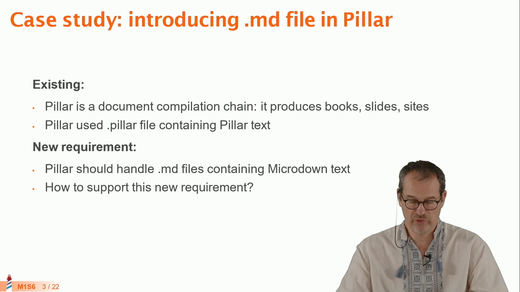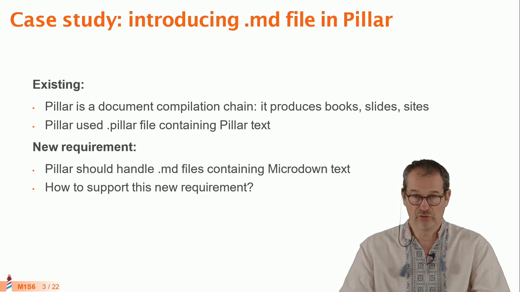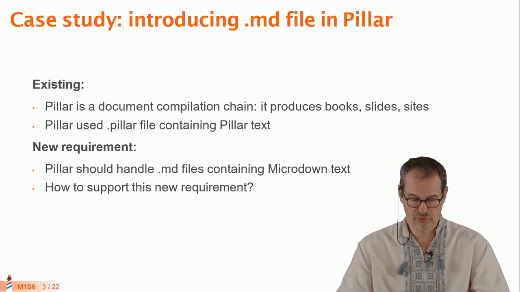This is an old markup language that we want to remove and use Markdown instead, but we want to do that step by step so that we can still use Pillar to produce documents and slowly also use Microdown to produce the same documents.